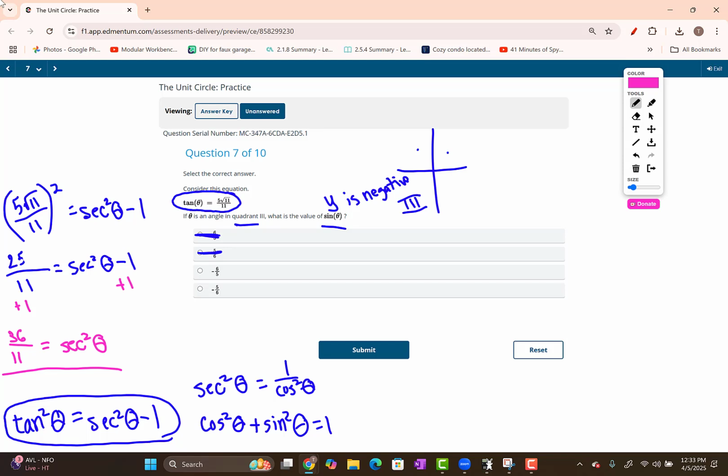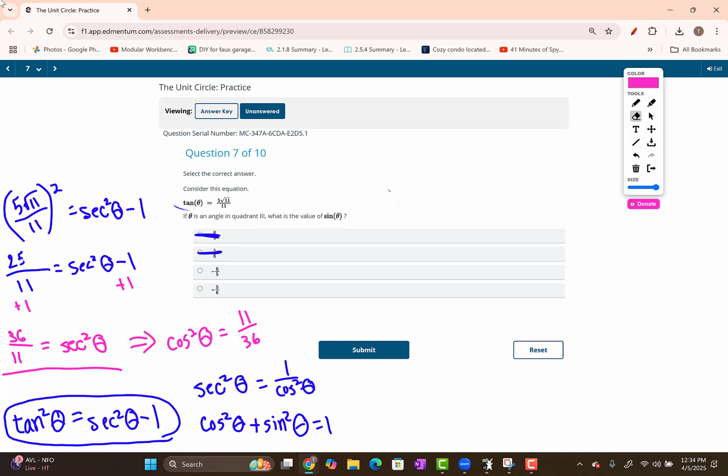If the secant squared is 36 over 11, that means cosine squared is just the reciprocal of that. So cosine squared of theta is just going to be 11 over 36. I'm going to clear out a little bit of space here because I'm running low on space.